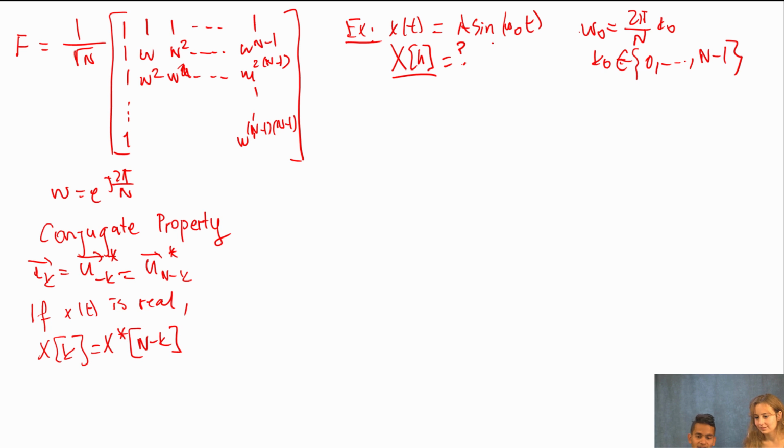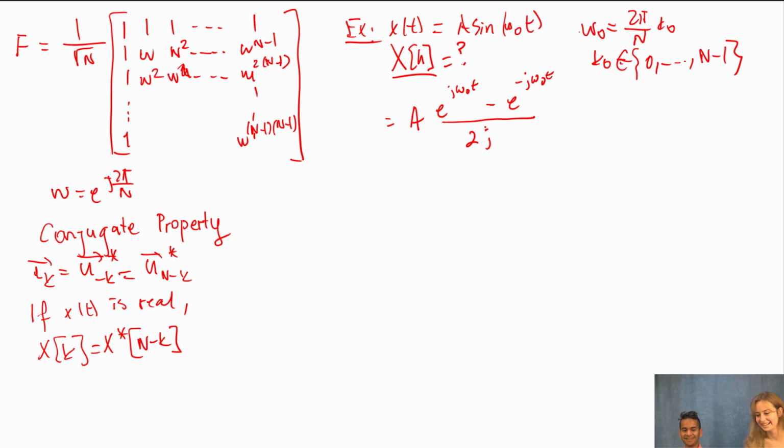Well, Euler's identity is pretty nice here. We can say that sine is e to the j omega naught t minus e to the minus j omega naught t, over 2j. Where did the j come from in the denominator?